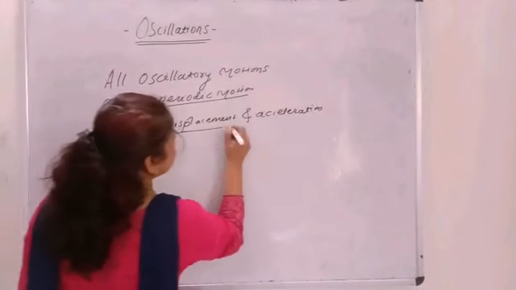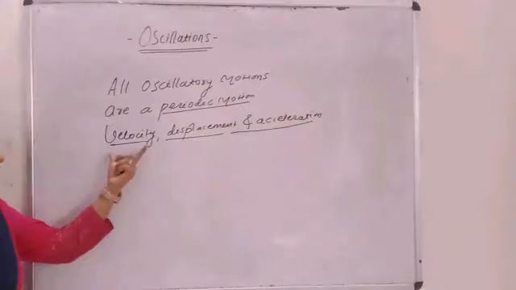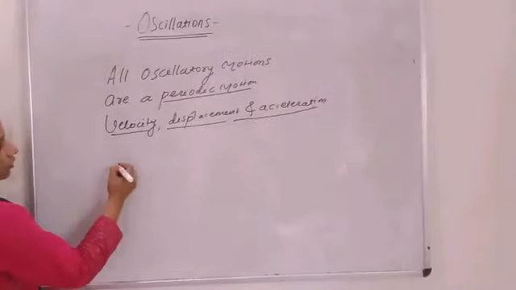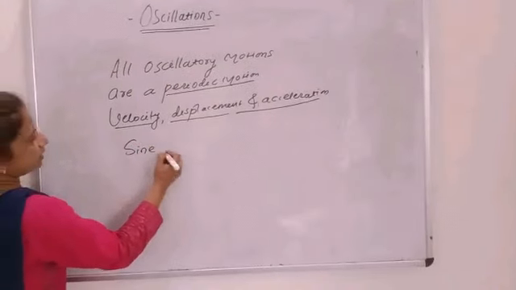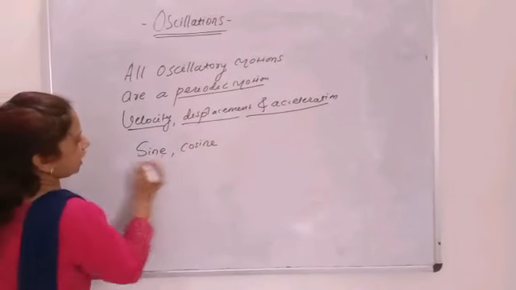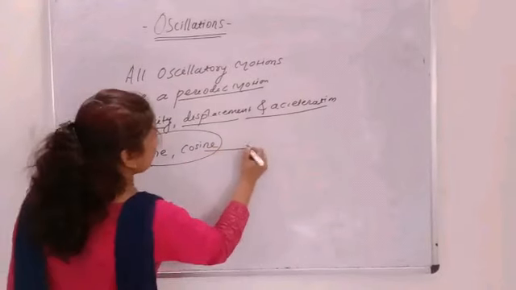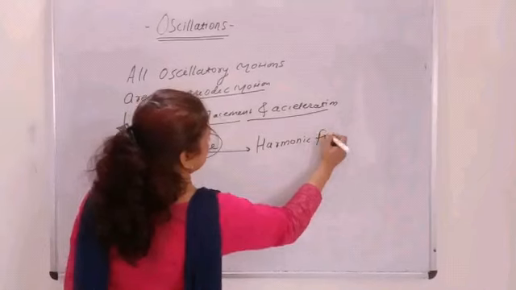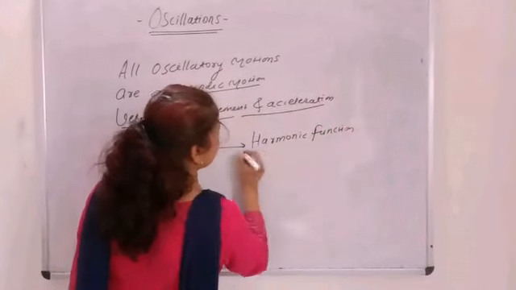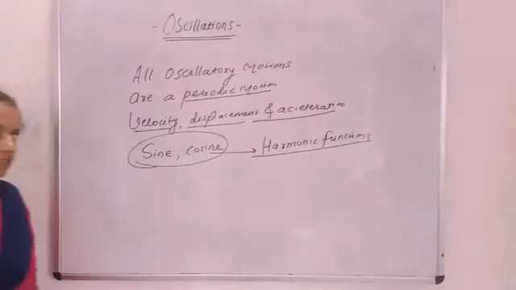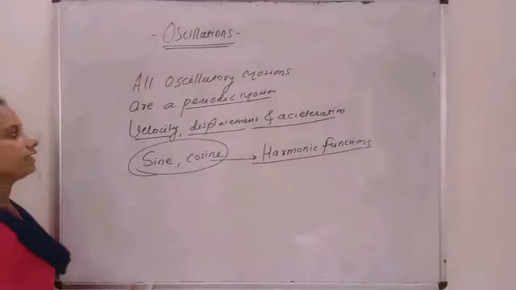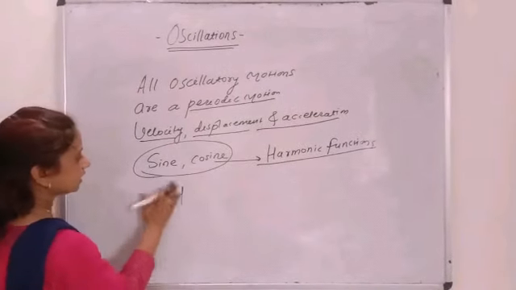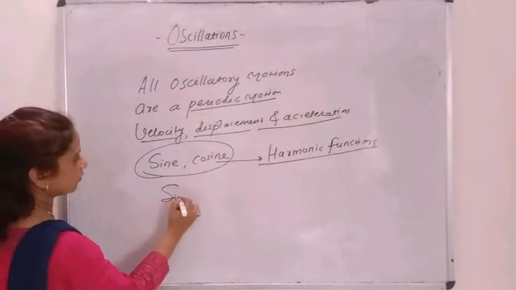And to calculate these three values, that is velocity, displacement and acceleration, we use the functions sine and cosine, and those functions are known as the harmonic functions. And that's why this oscillatory motion is known as the simple harmonic motion.